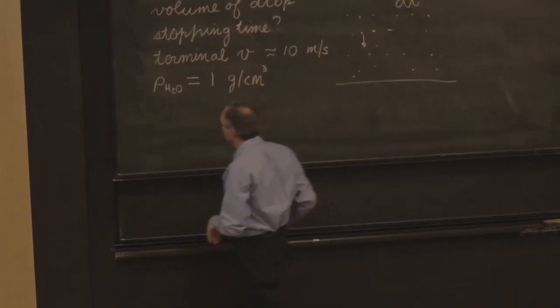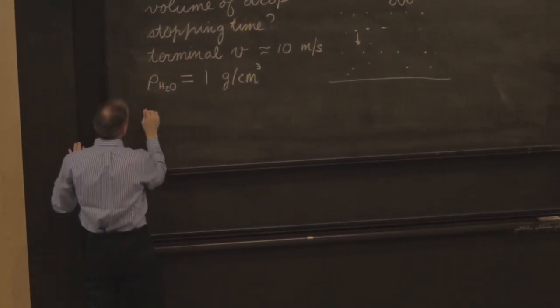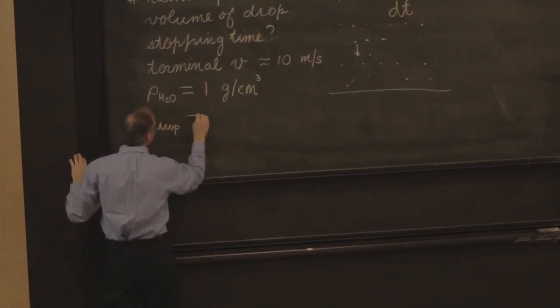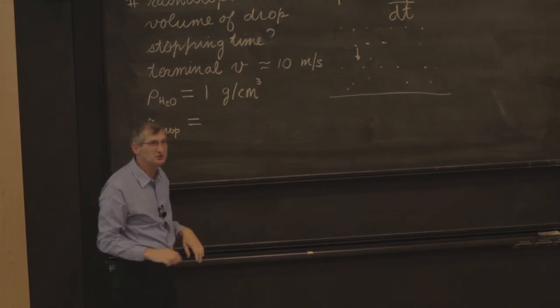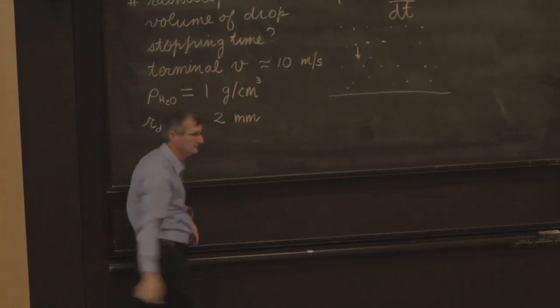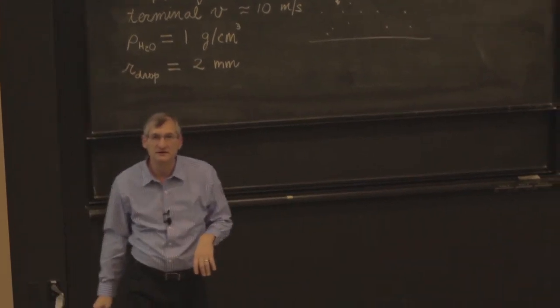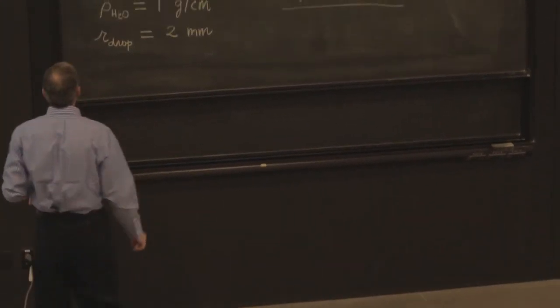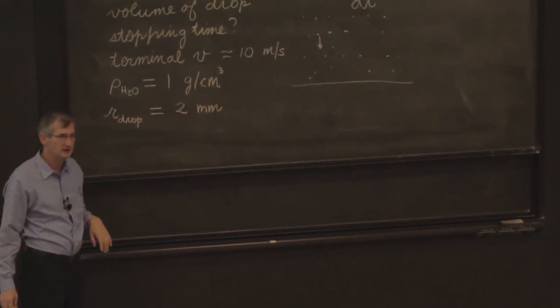All right. So how about if the radius of the drop is 2 millimeters? That's not so big. Is that all right? 2 millimeters? Okay. So I now want to get the mass of a drop.